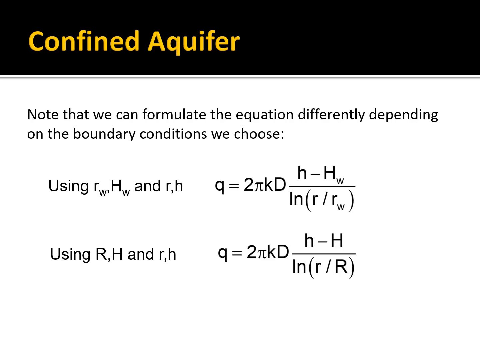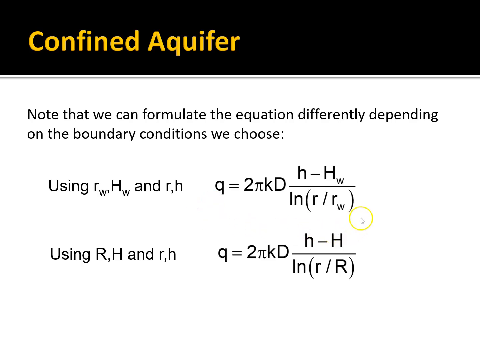So notice you can pick other boundary conditions for this. What if we used the radius at the well and the height of water at the well? And then for our other boundary condition, we just use r_1, which is just whatever radius you choose, whatever the head is at that value.